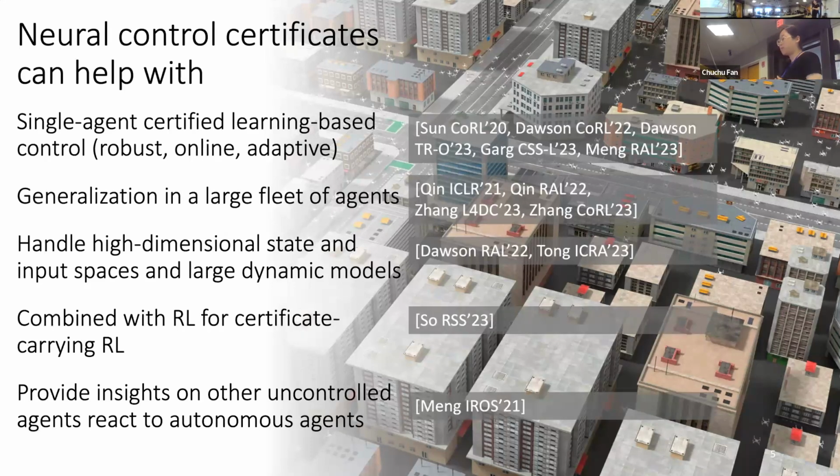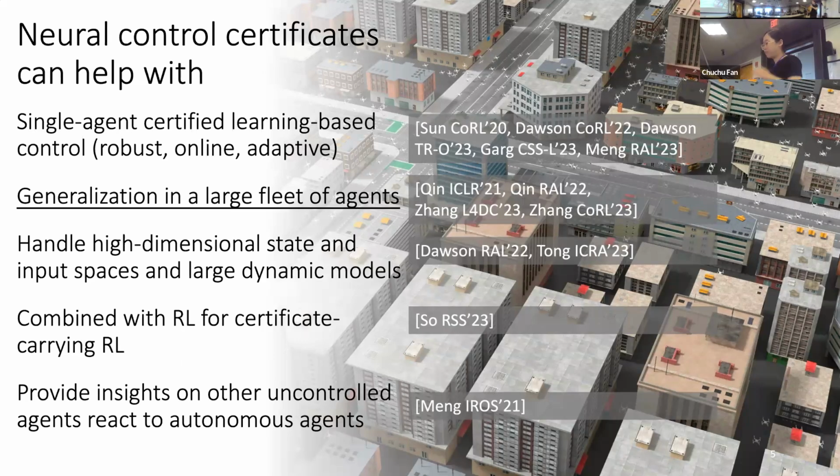It can also provide some insights on how other uncontrolled agents can react to an autonomous agent, like how we would model the mental models of humans when they are interacting with an autonomous agent. I have some references there. Feel free to let me know which part you would like a little more discussion on.